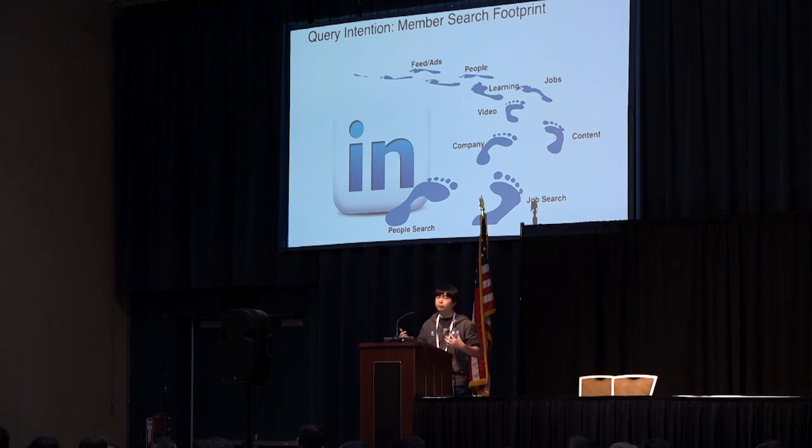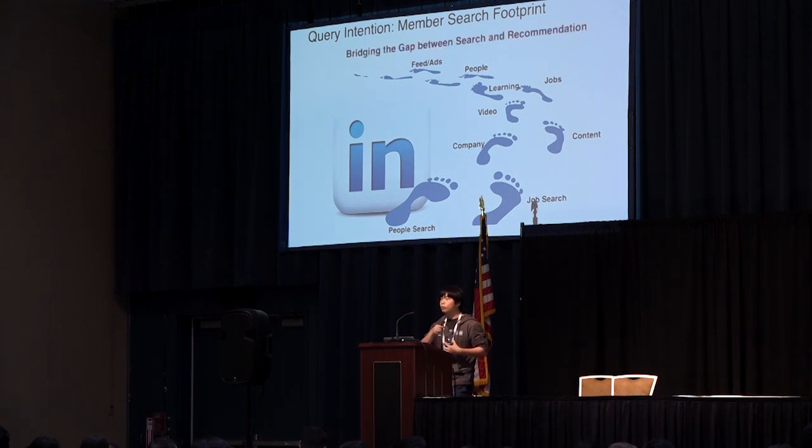This search footprint is not only helpful for search systems, it can bridge the gap between search and recommendation. So you can recommend to a user some content related to machine learning, like machine learning related job posts or content or news or classes, because this user searched for machine learning 101 a day ago or a couple of minutes ago. This is how we can bridge the gap.